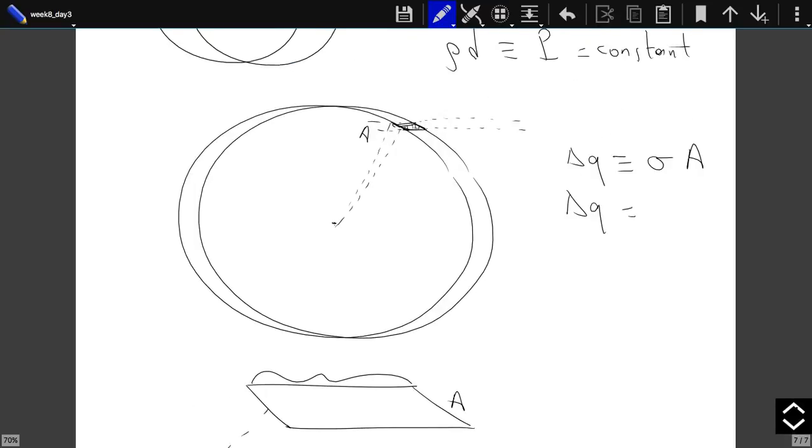R sine theta, and this is again the z-axis. You are saying that it is r times sine theta times d theta. So you are saying that that length is independent of d.